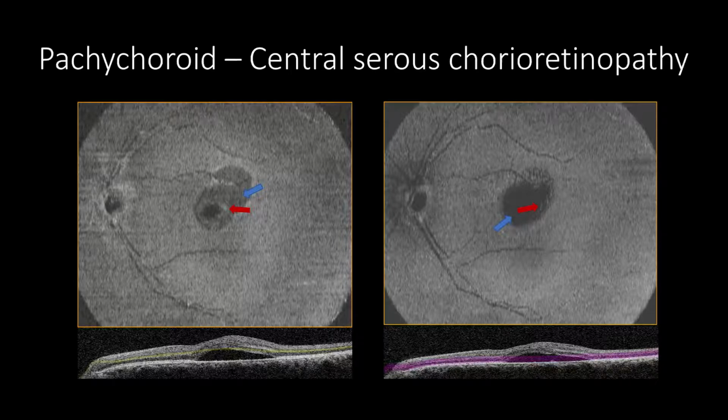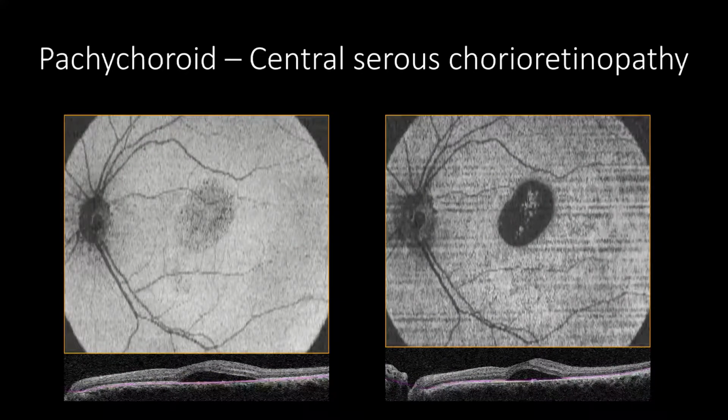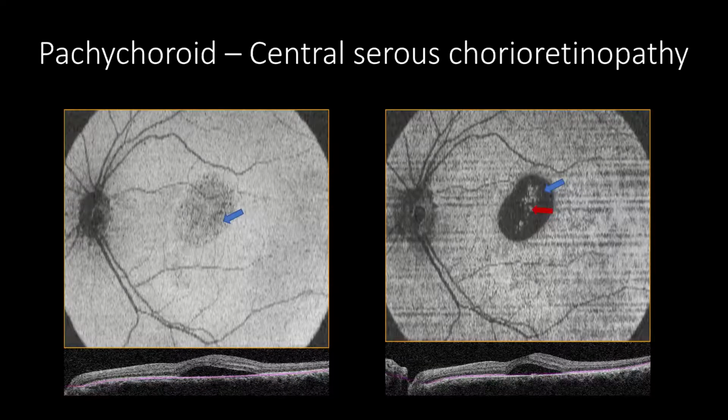The RPE slab usually shows projection artifact of the subretinal fluids. The RPE slab can be adjusted at the RPE changes level and can show RPE granularity or alteration in the form of hyperreflective lesions.